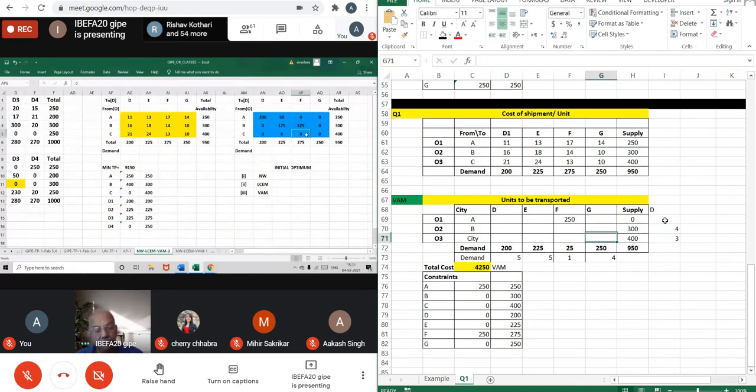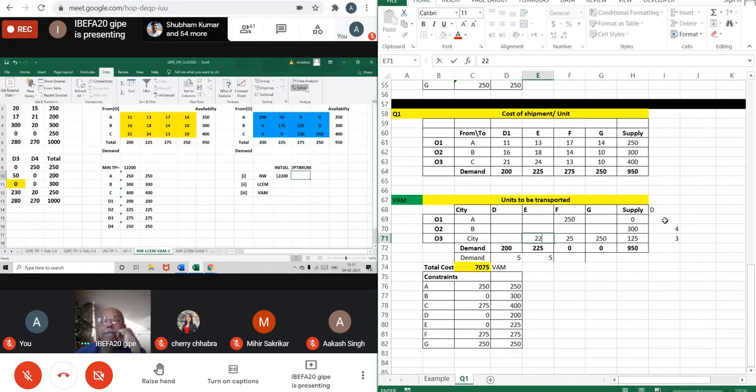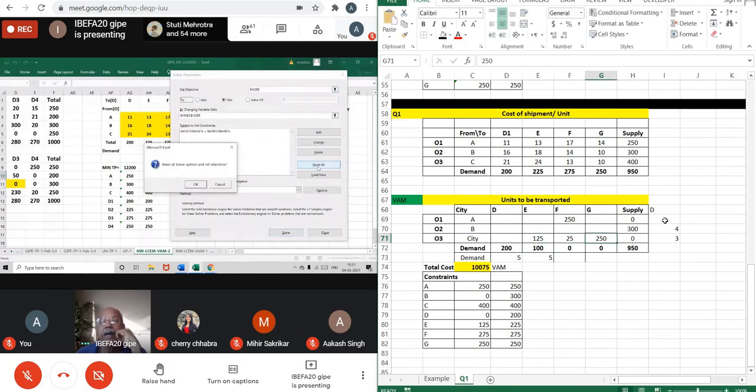Sir, 225, it would be 125. Yes, 125, sir. Then here 150 and 250. So the answer will be 12,200. Check by solver. Remember, every time you have to reset all.